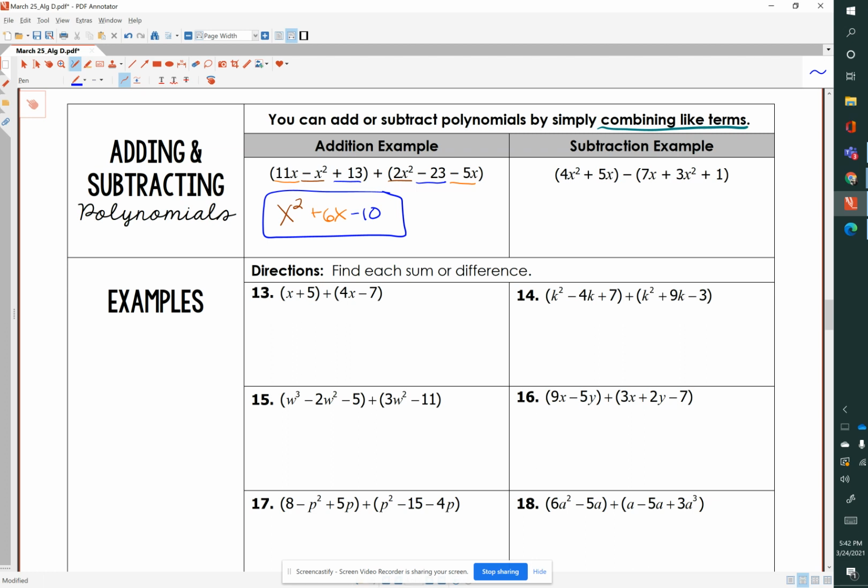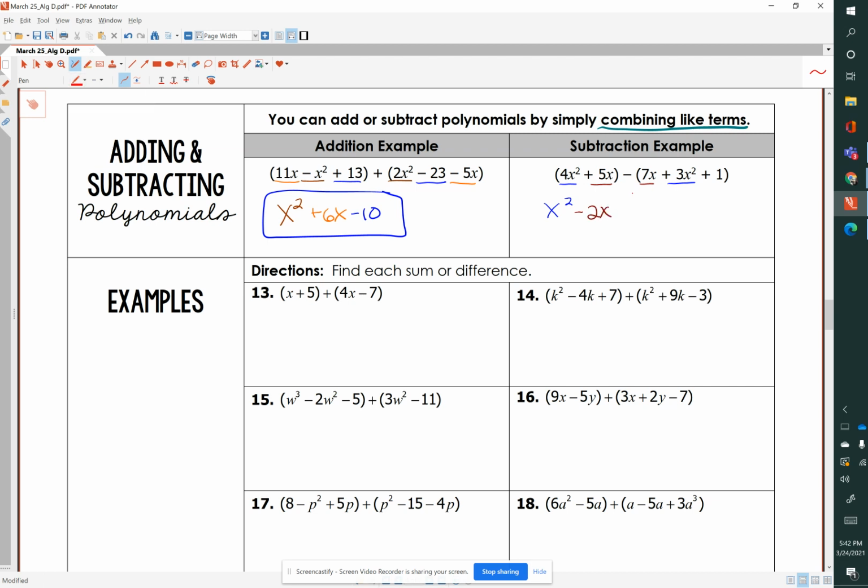So let's look at the second one, the subtraction example. We have 4x minus 3x squared. So that's x squared. And then we have 5x minus 7x, that's negative 2x.